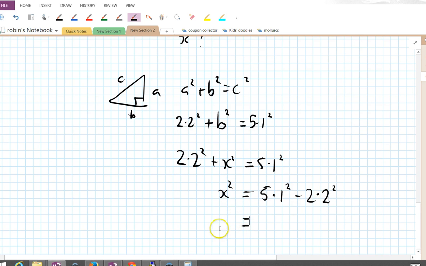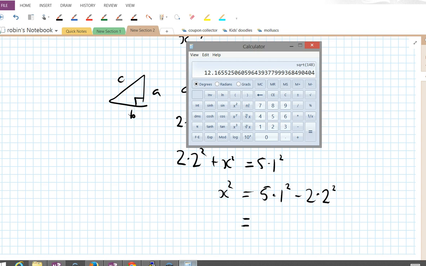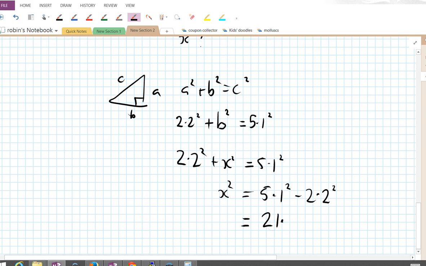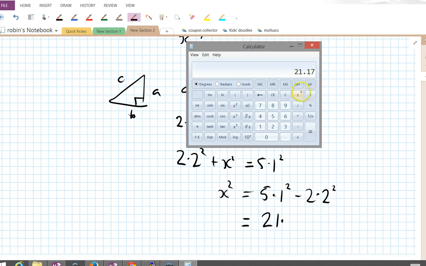Well, I can't be bothered to work that out. Here's my calculator. 5.1, where's squared? There. Minus 2.2 squared. Equals that. Equals 21 point, forgotten already, 17.